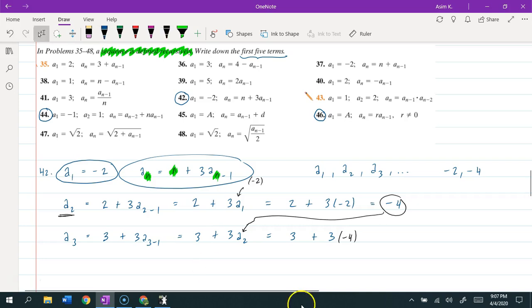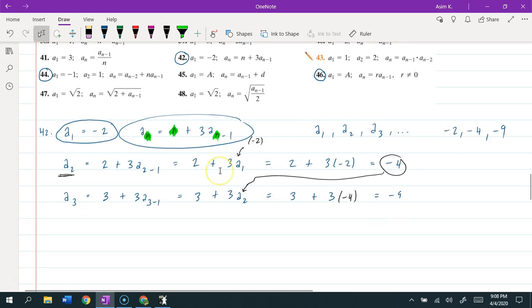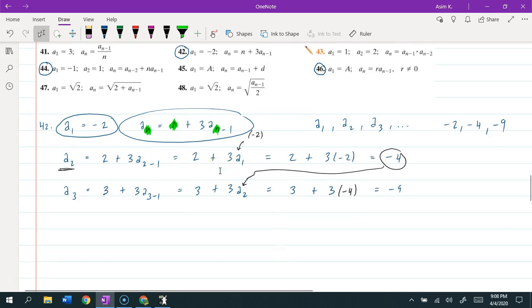Your a sub 3 is going to be 3 times -4, which is -12. And add 3 to it. So you end up with -9. So now you have your next term. Okay? And because it's repetitive, I will allow you to do the rest by yourself. But I'm sure that you have quite quickly figured out this pattern, right?